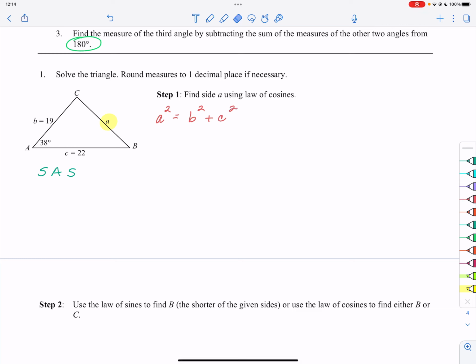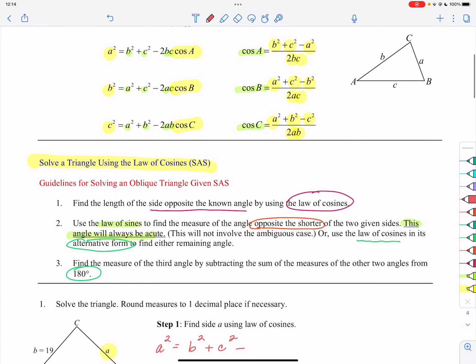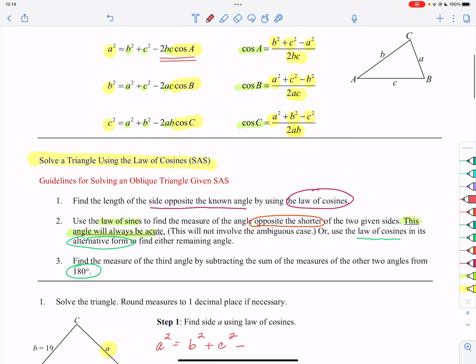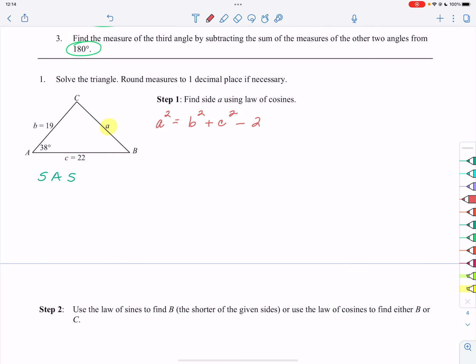And then as you can see, we're going to subtract. Take a look up here. We're going to subtract 2 times both of those sides multiplied by the cosine of A. So minus 2BC cosine of A.